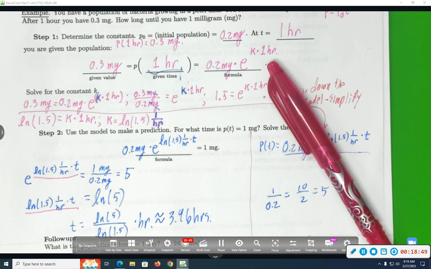This is the same population of bacteria we're thinking about. Instead of the population, we're trying to use time, so instead of replacing the population, replacing just t.